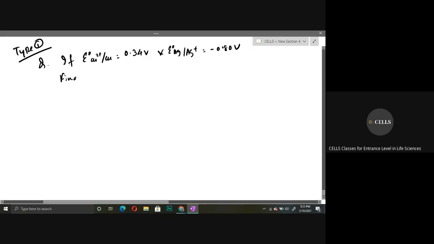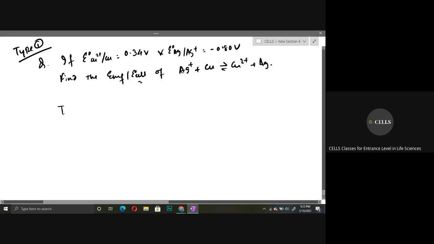Find the EMF or E0 cell value of the reaction Ag+ plus Cu gives Cu2+ plus Ag.